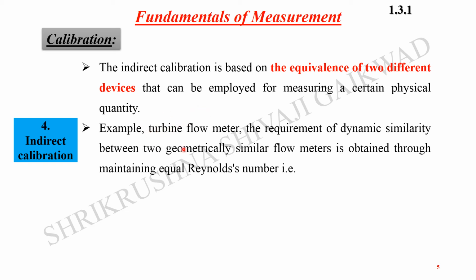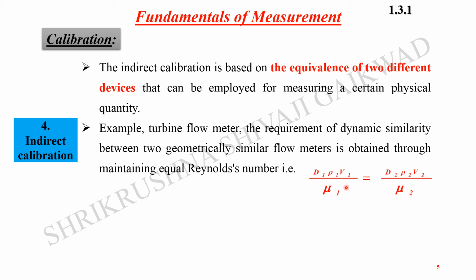For example, for the turbine flow meter, the requirement of dynamic similarity between the two geometrically similar flow meters is obtained by maintaining equal Reynolds numbers.